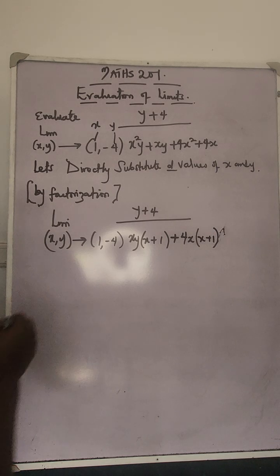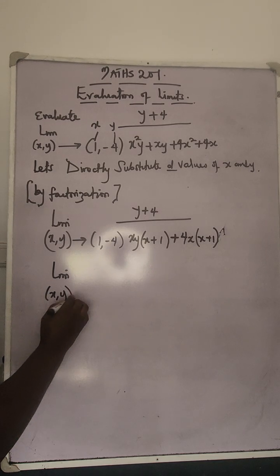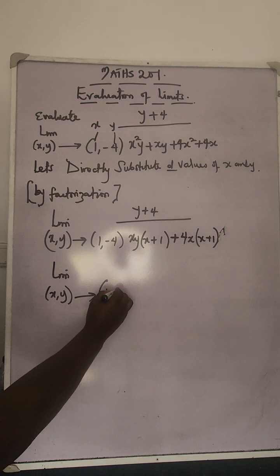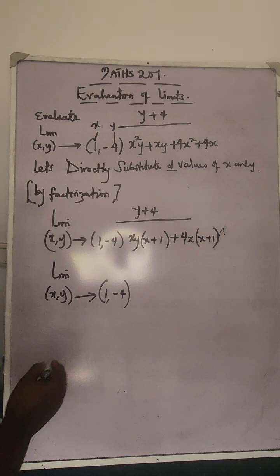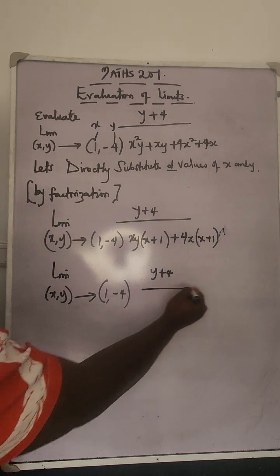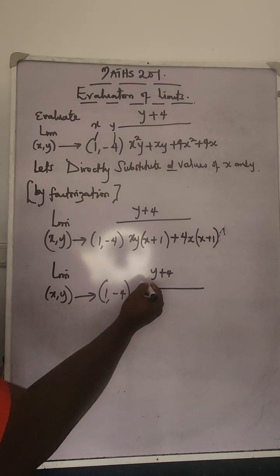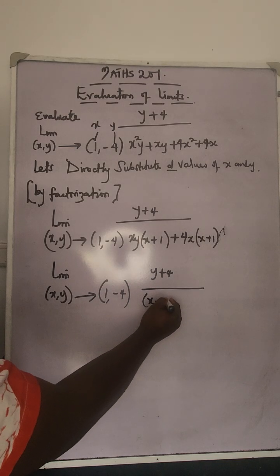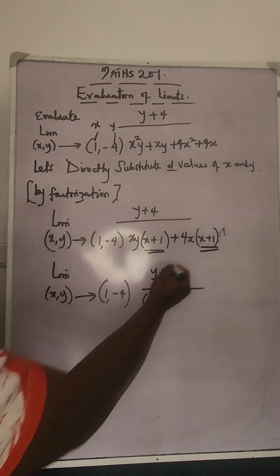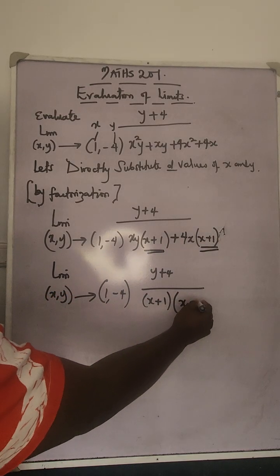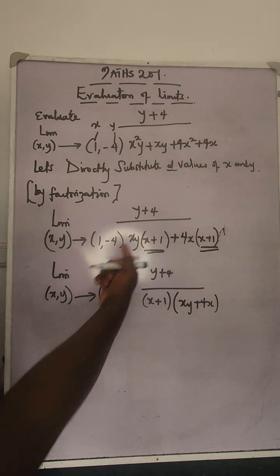Now, it means the limit as (x, y) approaches (1, -4) of (y + 4) over (x + 1), since (x + 1) is common to both sides, into the bracket of (xy + 4x), right? So we can pick one of them.